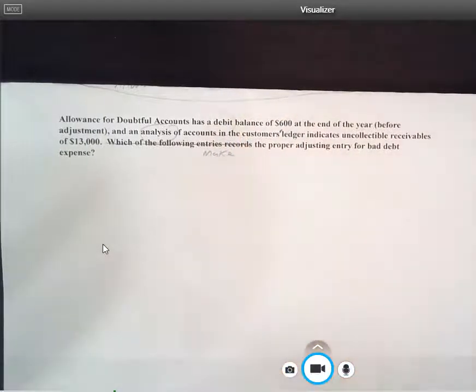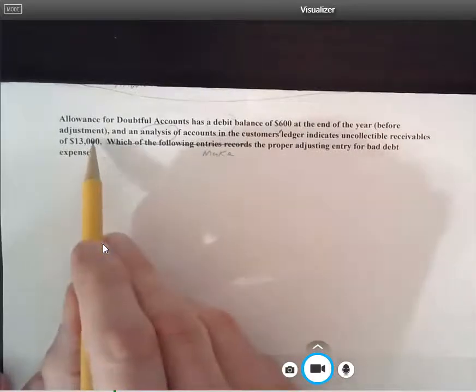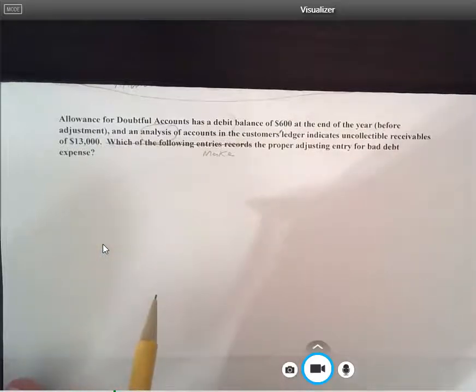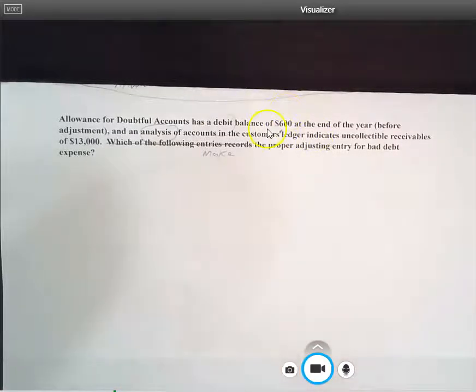It is not the normal credit balance that you are used to seeing. Therefore, we want a $13,000 credit balance on the balance sheet, but currently we have a $600 debit balance.